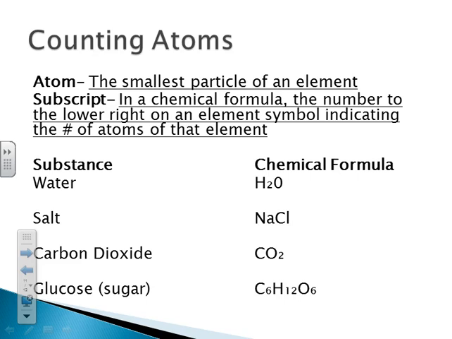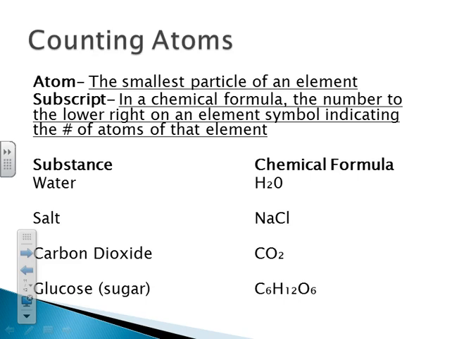Okay, what does the subscript tell you in the chemical formula of water for hydrogen? How many hydrogens are there according to that subscript? 2. Okay, take a look at carbon dioxide. The subscript up there tells you how many atoms of oxygen are in CO2. 2. Take a look at glucose, sugar.